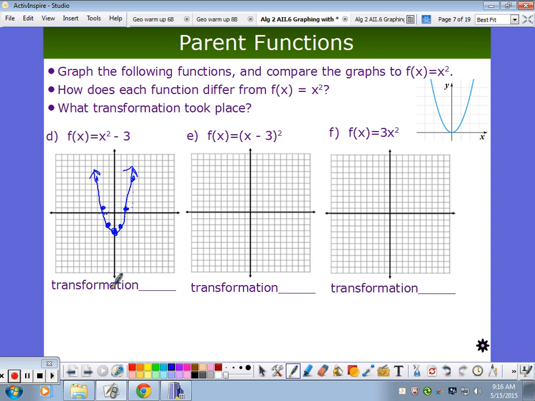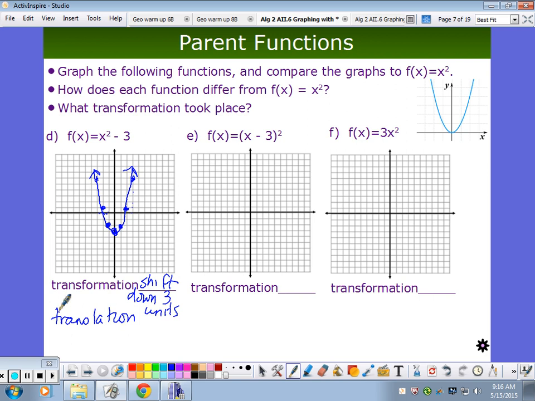So what happened? What kind of a transformation? It is still a translation, but what kind? Like what happened? Yeah, I shifted it down 3 units. Compare that to the shift up. All right, what's the difference?